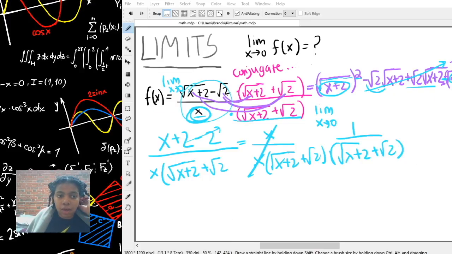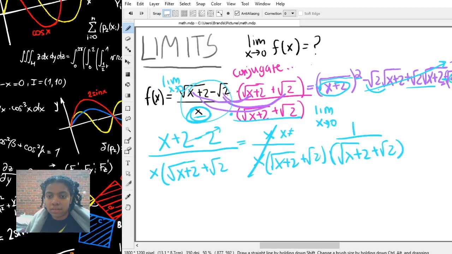That's the property we're using right now, because the only reason we were able to cancel out this x is because we're thinking about x when x is not 0, when x is just super, super close to 0.